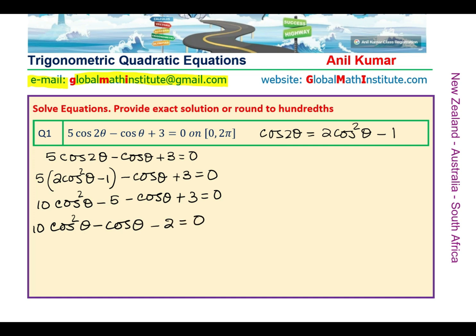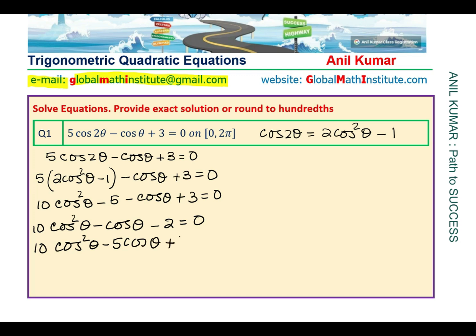Now we need to factor this. 10 times minus 2 will be minus 20. We need the sum to be minus 1. So 4 and 5 work for us. So we'll write this as 10 cos square theta minus 5 cos theta plus 4 cos theta minus 2 equals 0.